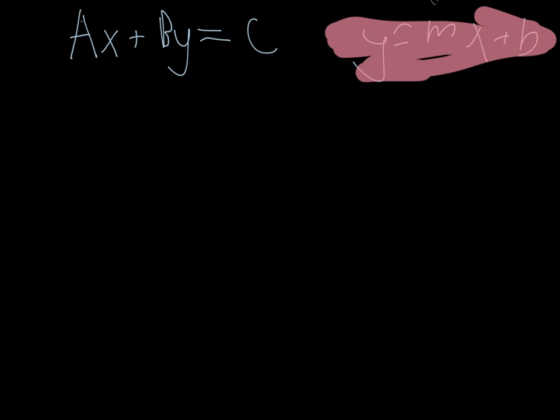So first, I'm going to move the ax to the side where c is, because as you can see it is y equals mx plus b. The only difference is a, which I can always change into m. It's just a variable. First, let me keep the y terms on one side.